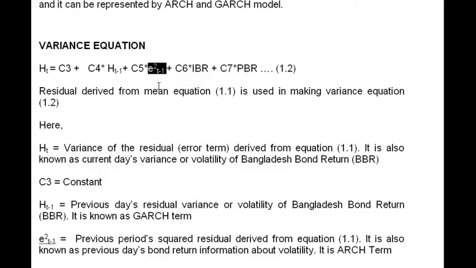E square t minus 1 is also significant, meaning that ARCH is significant, meaning that ARCH and GARCH both influence the volatility of Bangladesh bond return, which is HT.